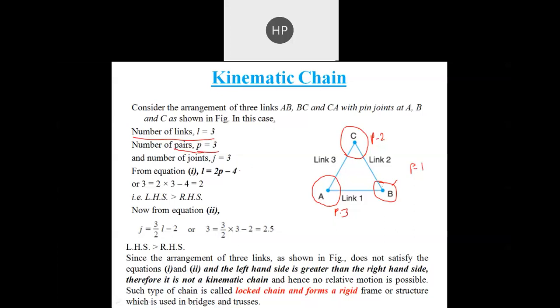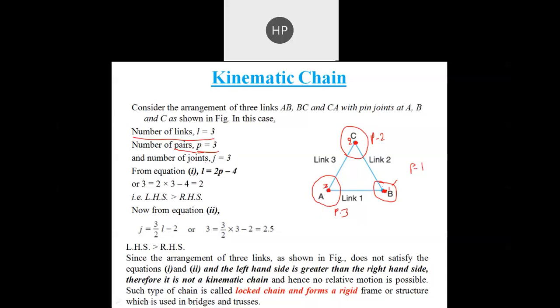Now the number of joints. Link 1 and link 2 are joined at this point, so this is joint number 1. Link 2 and link 3 are joined at this point, so this is joint number 2. Link 3 and link 1 are joined at this point, so this is joint number 3.